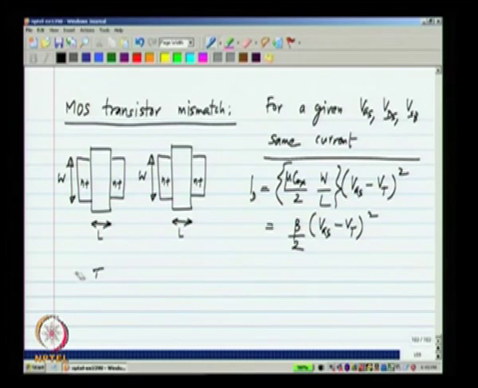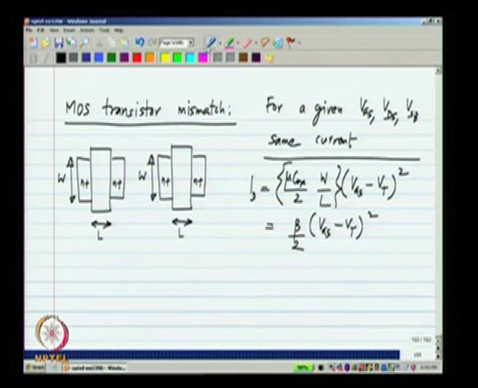That is, what we do is, let us say we make 10,000 pairs of these transistors and measure the difference in beta and measure the difference in Vt for each pair of transistors, and somehow describe it and also relate it to the nominal value of beta and Vt. Okay. So, the Vt mismatch is described by the standard deviation of Vt, and in case of Vt it is not normalized to the nominal value of Vt.